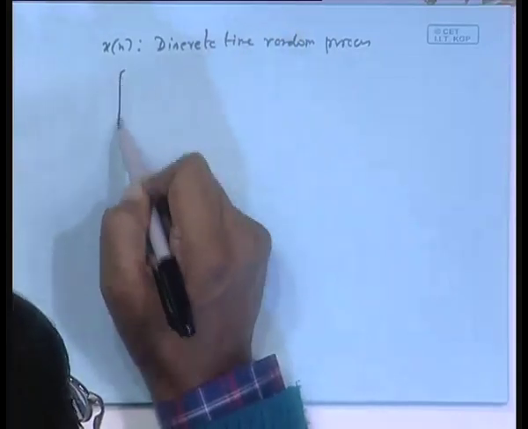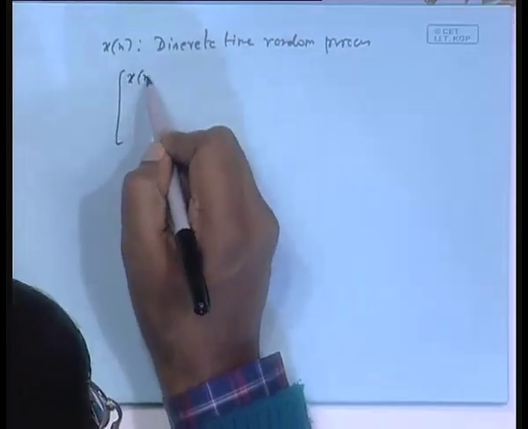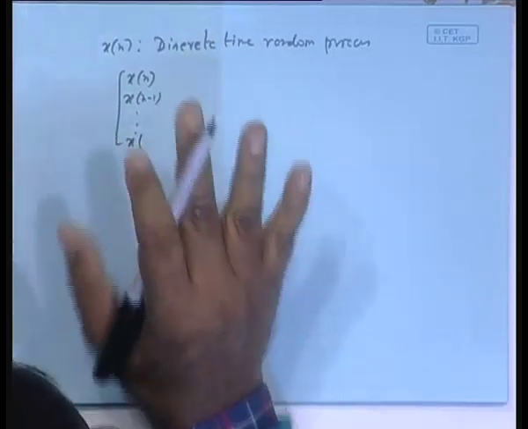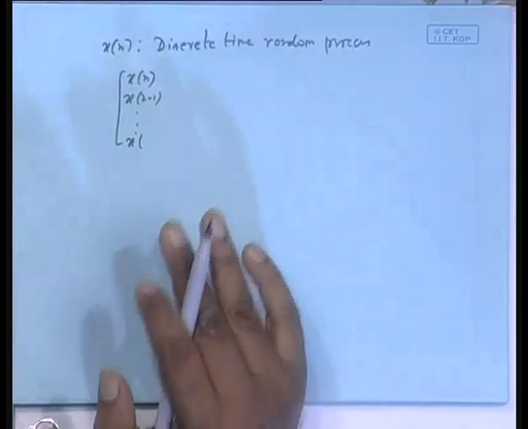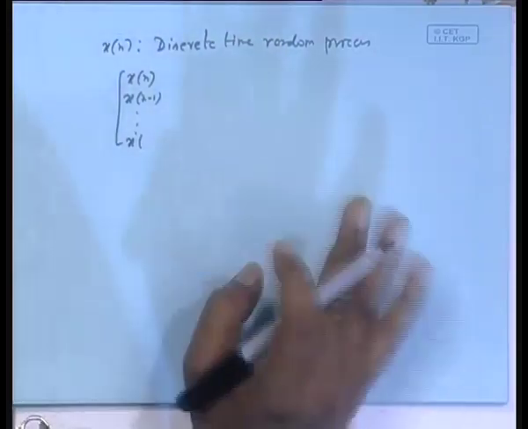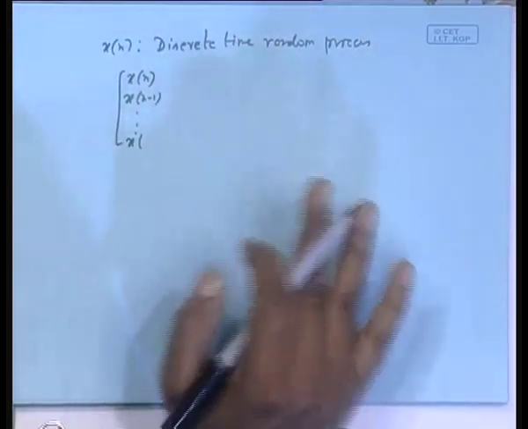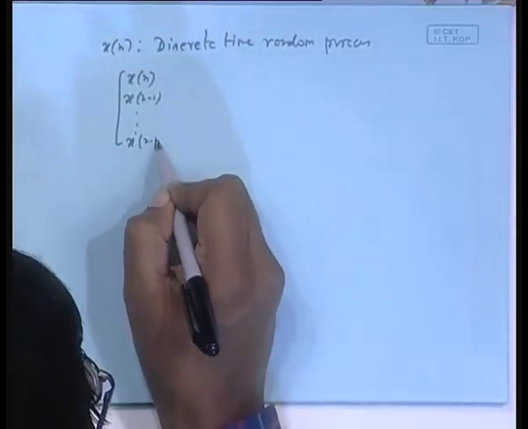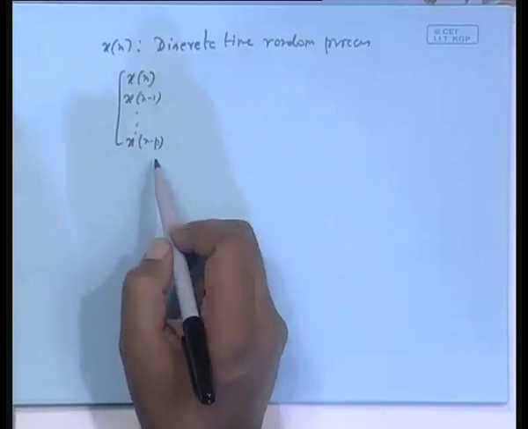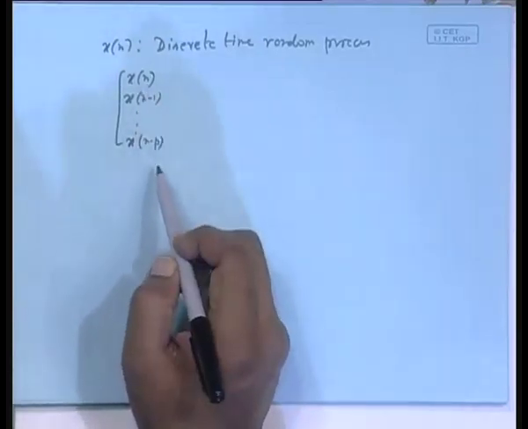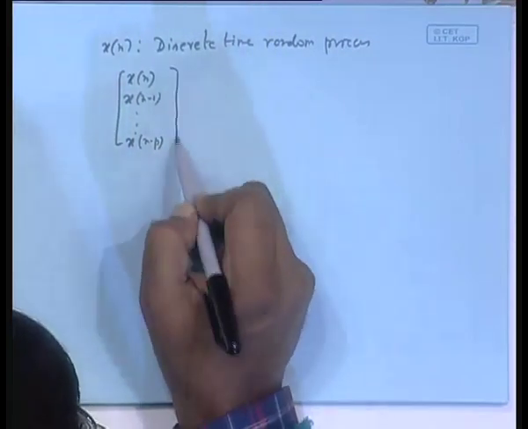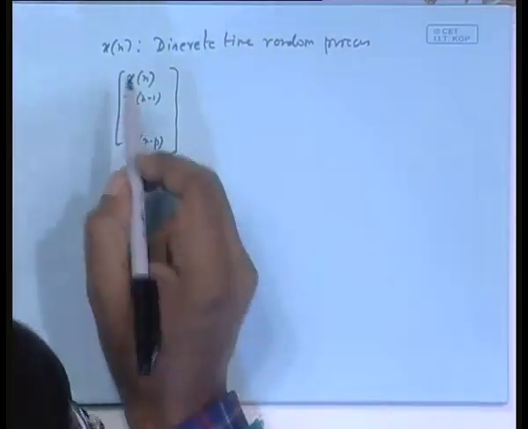I am just taking some samples. Please note all these things carefully, because later in the analysis of the adaptive filter, I will make use of all these results frequently. So I will not repeat or re-derive this. Actually p plus 1 elements I have taken, n minus 0, n minus 1 up to n minus p. Suppose I form a vector like this, I will call it x.